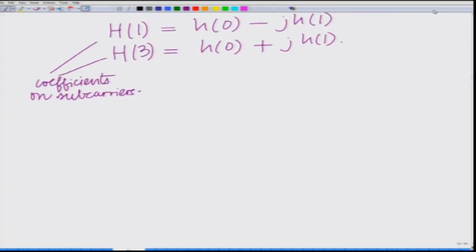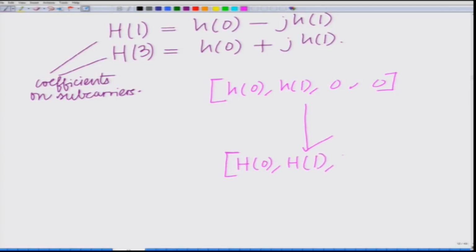In fact, the channel coefficients are derived by the zero padded FFT of the channel taps. So, I have h 0, h 1, h 2 and h 3, and I look at the n equal to 4 point FFT, the fast Fourier transform.